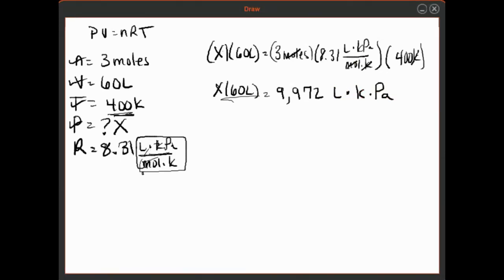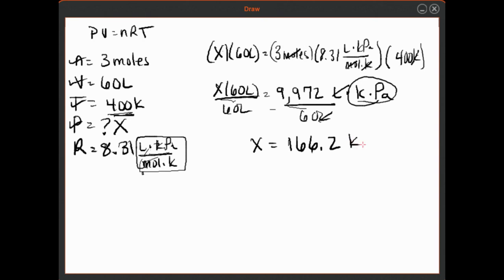So now if we divide both sides by 60, hopefully you see that liters will cancel, leaving us with the units of kPa. So X now is going to equal 9,972 divided by 60, and that gives us 166.2 kPa. So this is the pressure of our gas.